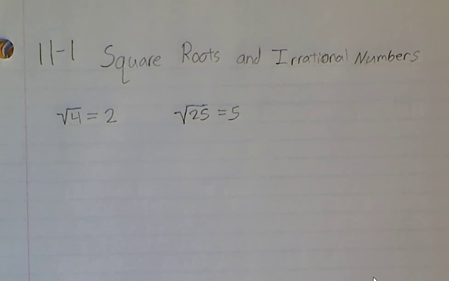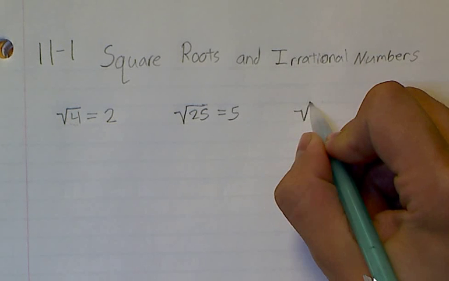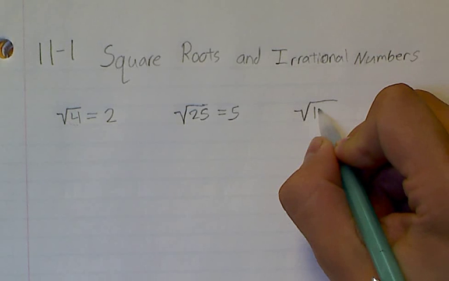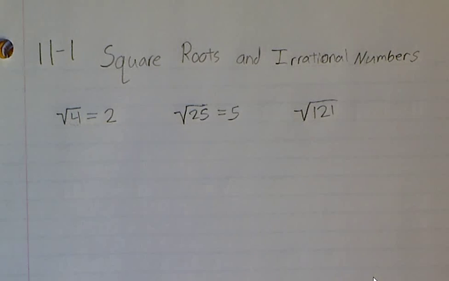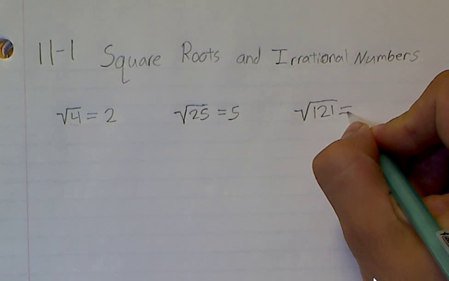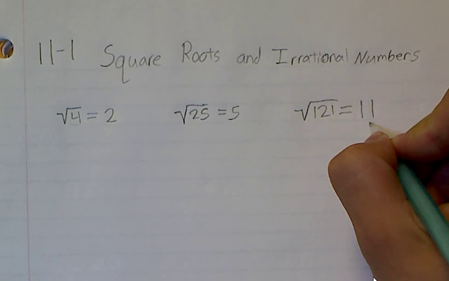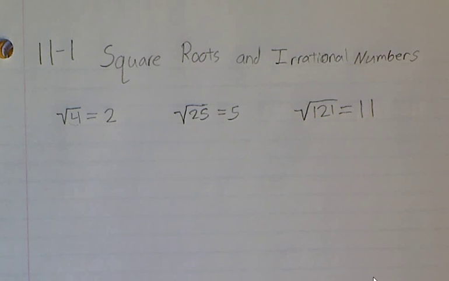Let's try the square root of 121. What times itself would equal 121? Might take a little thinking. In case any of you can't get it right off, it would be 11. 11 times itself equals 121.